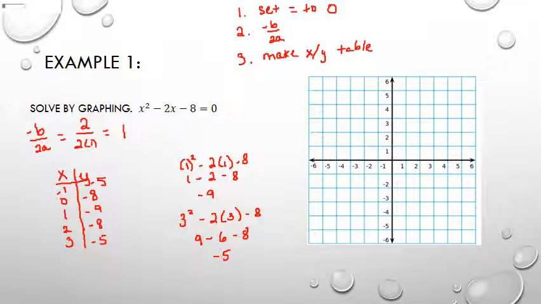Okay, so whenever we plot these points, I've got negative 1, negative 5, 0, negative 8. We'll say that's all the way down there. 1, negative 9, still even further. And then 3, negative 5. Connect the points.